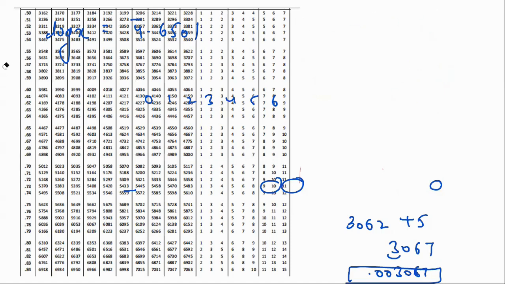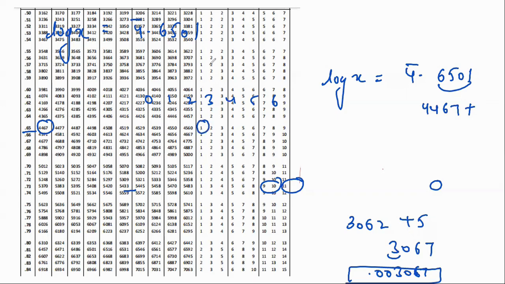So we have to see the after decimal places, after point we have 0.650. So 0.65 is this much, in the 0 column is this one, 4467. And for the mean difference, because the mean difference column will start with 1, 2, 3, 4, and we have 7 here. So we add 7, 4, 4, 6, 8 we have.